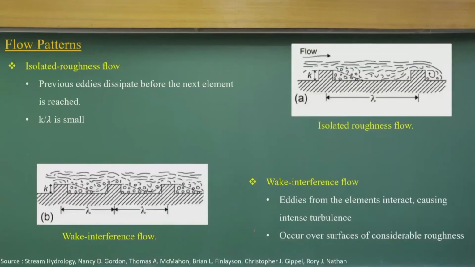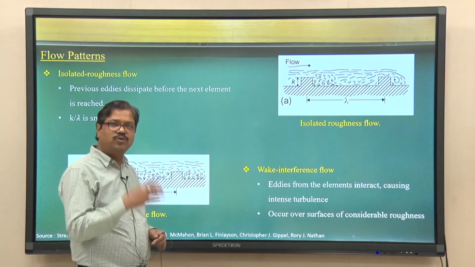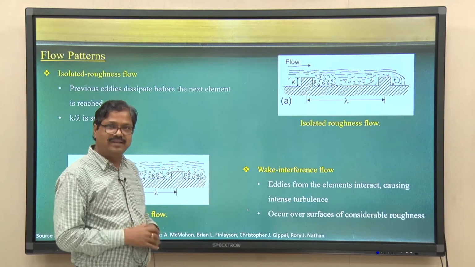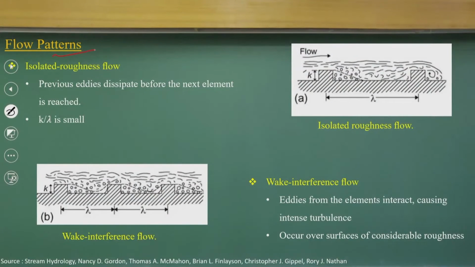Now, how this happens depends not only on the particle size, but also on the arrangement of the particles and on the flow patterns. So, it is a combination of your knowledge of fluid mechanics.